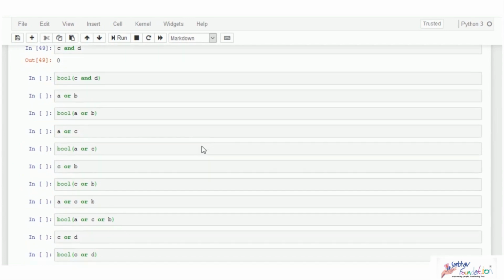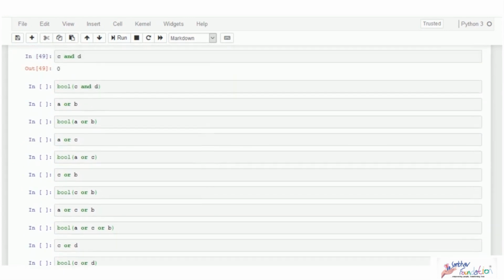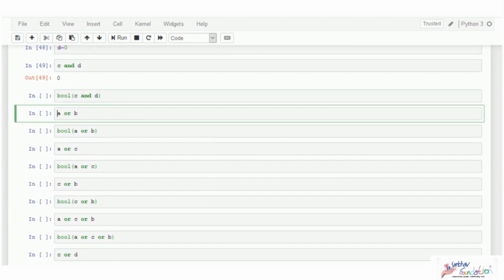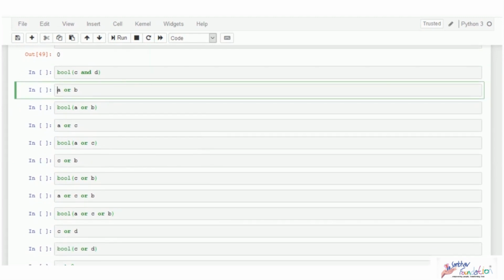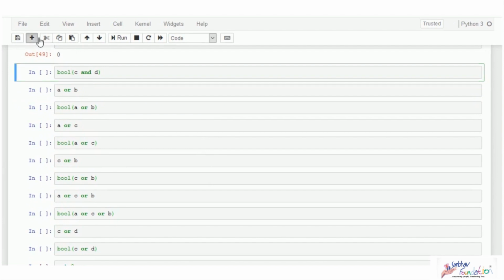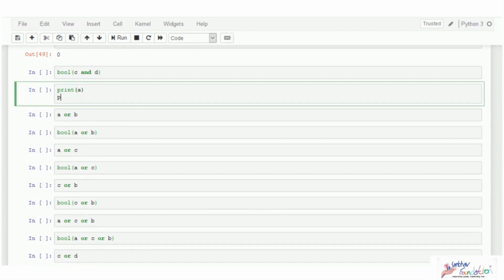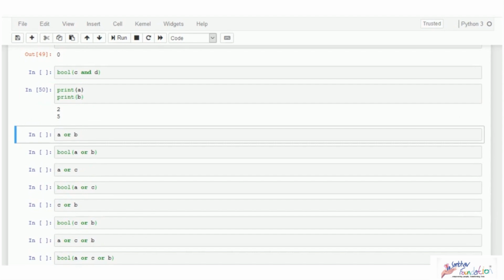Now I'll just demonstrate a few of the OR conditions. First we have A or B, and once again let me just print A and B. So A is 2 and B is 5. So 2 or 5, that is a non-zero number or a non-zero number, which means true or true.